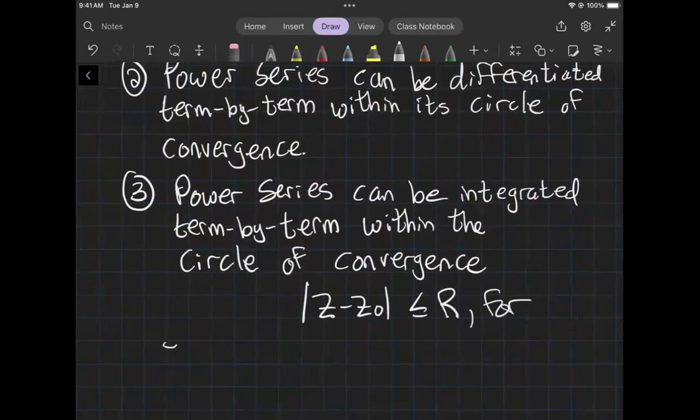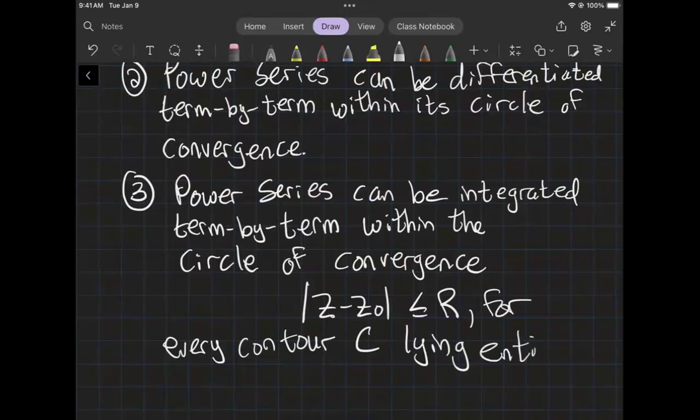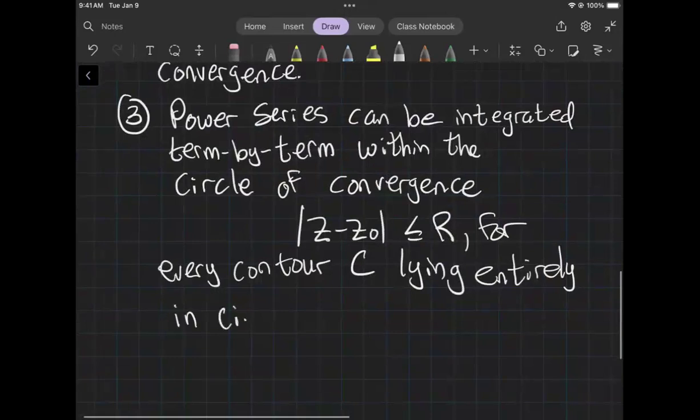And you can do this for every contour C lying entirely in the circle.